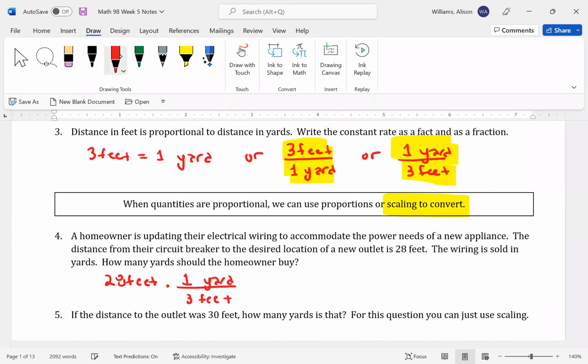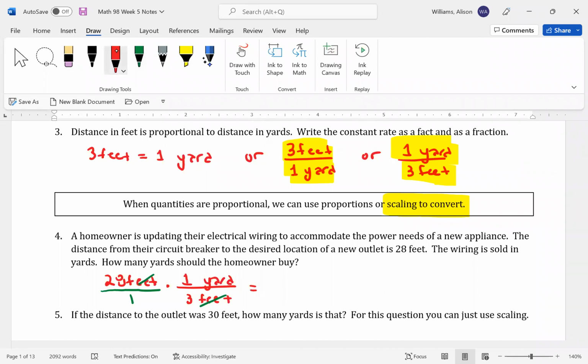Technically, they both work. But the reason I like the 1 yard over 3 feet is that with fractions, we can reduce what's in the denominator with what's in the numerator. That allows us to cancel, quote unquote, feet. We want feet to be the thing that cancels in the numerator and the denominator. And what I'm left with is yards.